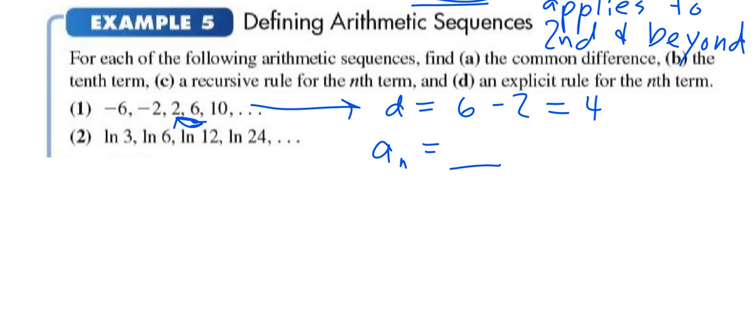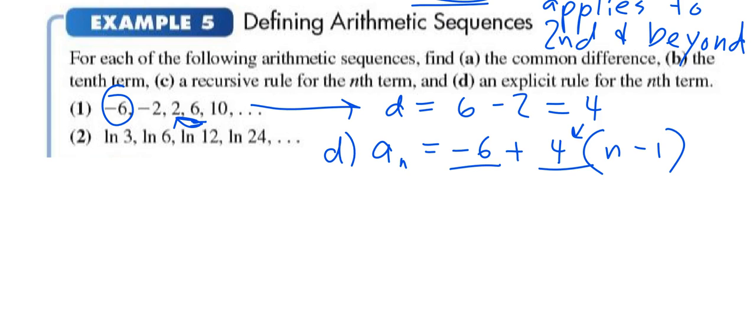So first term plus common difference, well, we know the common difference is 4. We already know the first term is -6, right? We got that from here. Times n minus 1. So there is actually part D of this. Sorry, I'm getting myself out of order.